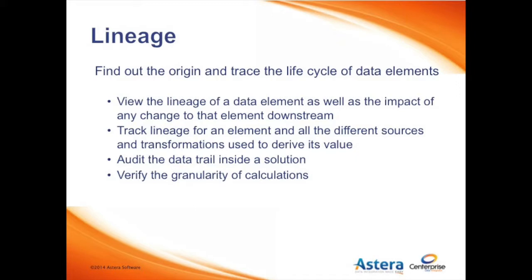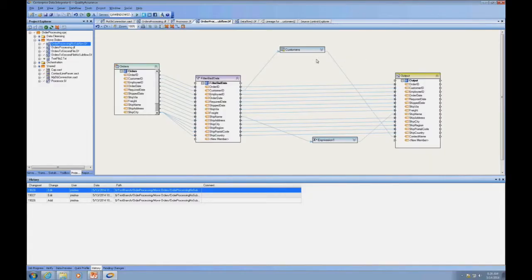You can view the lineage of a data element as well as the impact of any changes to that element downstream, and that is one of the biggest benefits. You can track the lineage of an element and all the different sources and transformations used to derive its value. You can audit the data trail inside the solution, and you can verify the granularity of calculations. Let's have a look at it.